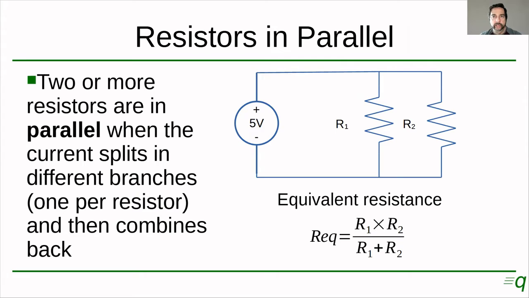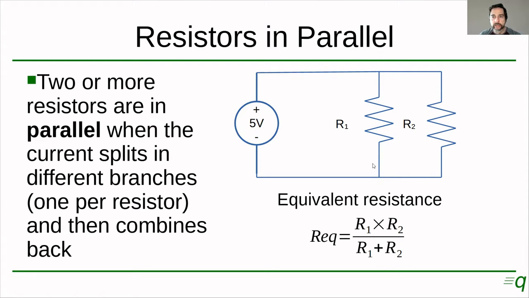Let's now have a look at resistors in parallel. We say that two or more resistors are in parallel when the current splits into different branches, one per resistor, and then combines back. This is an example that we have here. We have the same 5-volt power supply. Current will flow from the positive terminal all the way up to this node, and here it will split into parallel branches, R1 and R2.